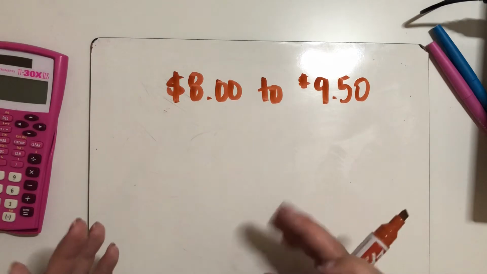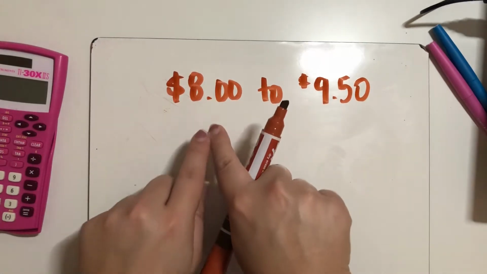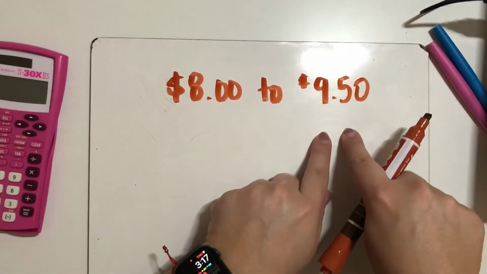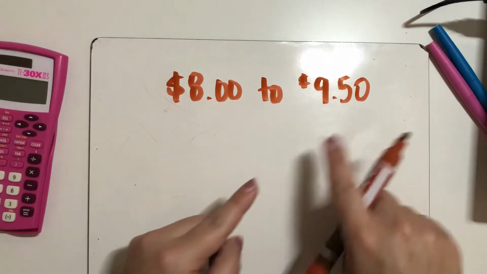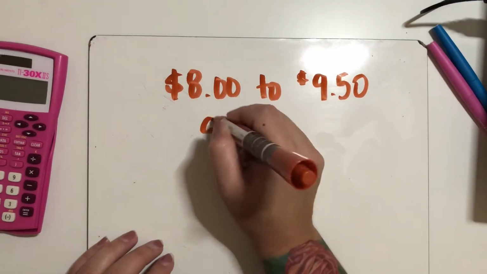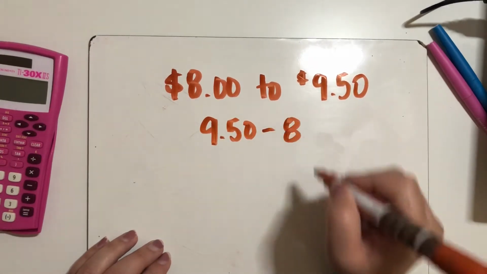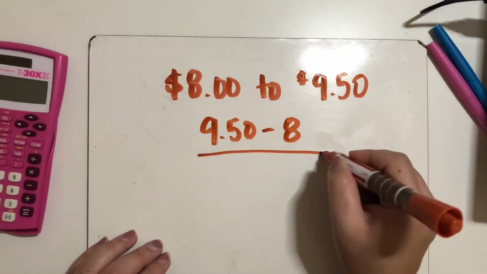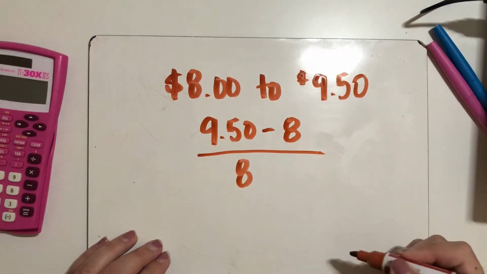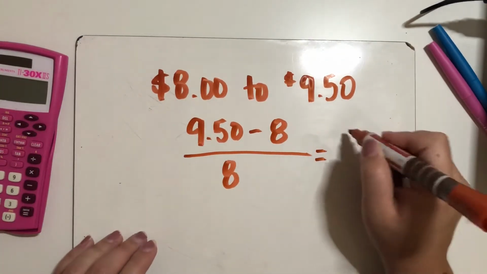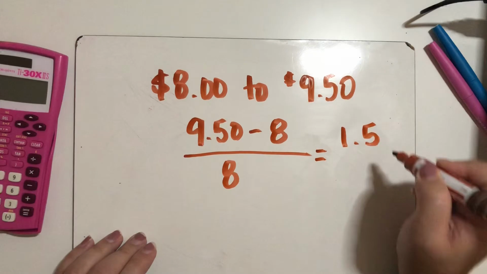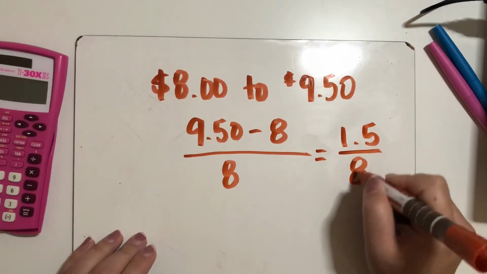Again, this is considered our old amount, or our original amount. This is our new amount that we need to find the change of. So I'm going to take that $9.50, subtract $8 from it, and then divide that by the original 8. This is going to give me 1.5, and then I'm going to divide that by 8.